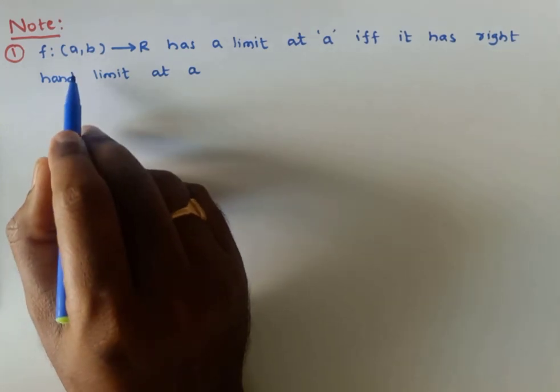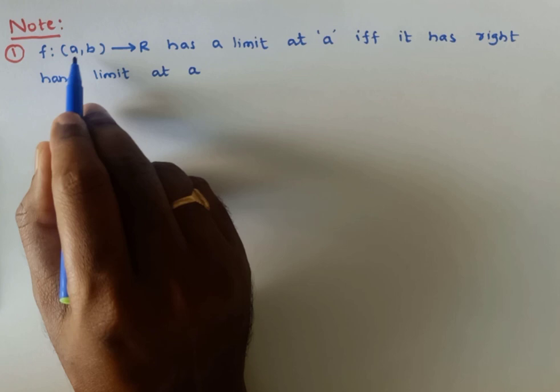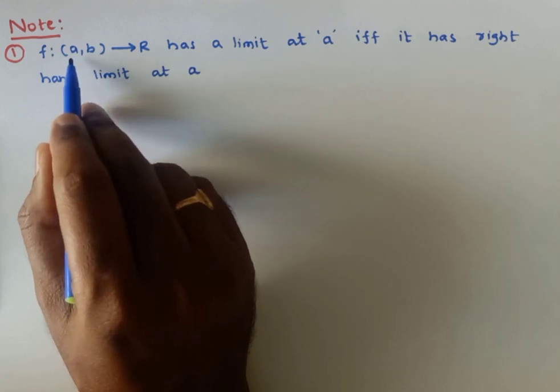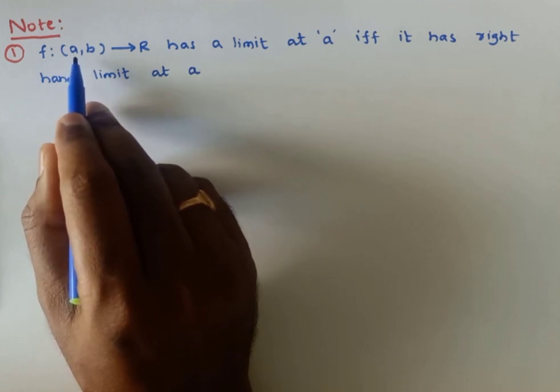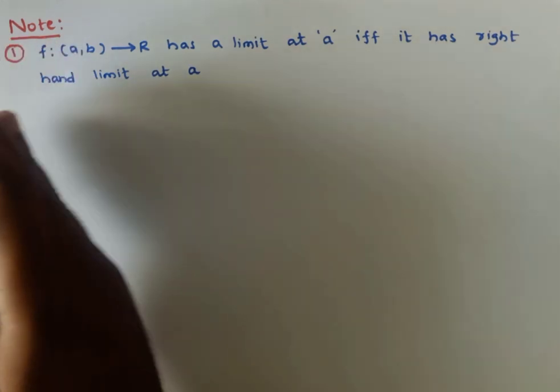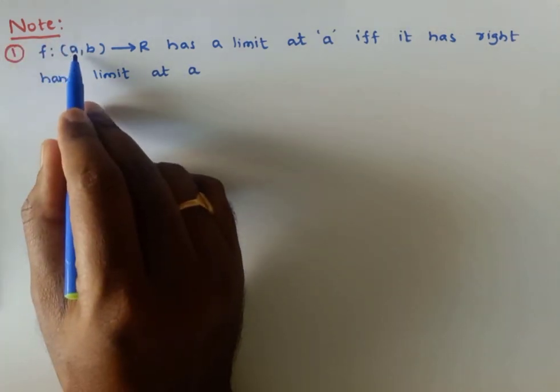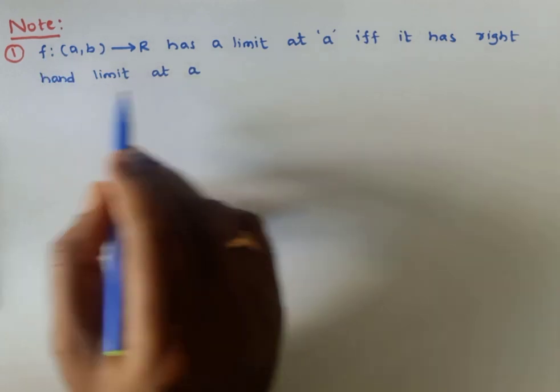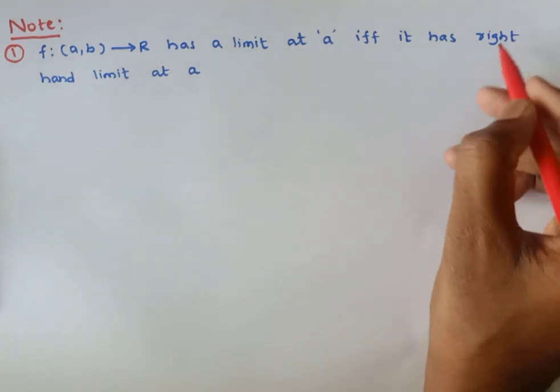Since the domain is defined from a to b, the interval starts at a, that is, after a only. So for this end point there is no left part, so at x equal to a the function f has only a right hand limit.